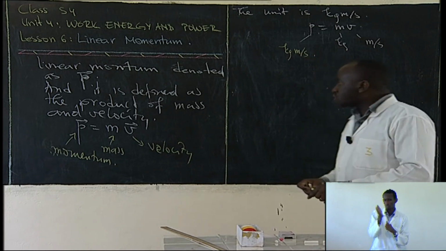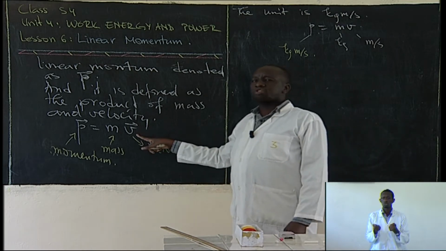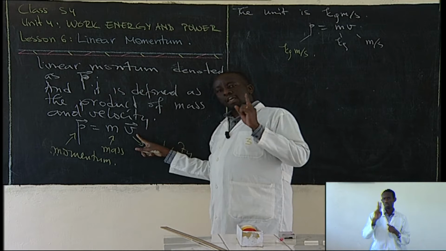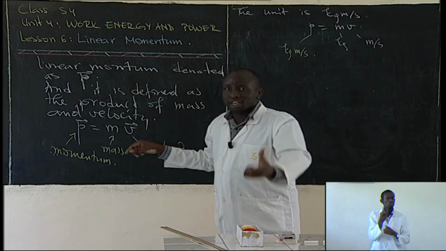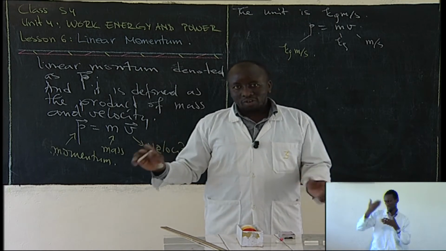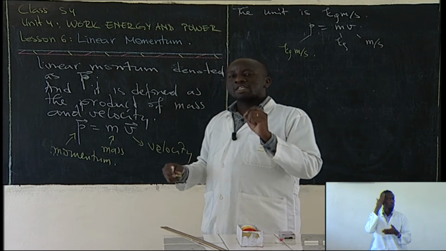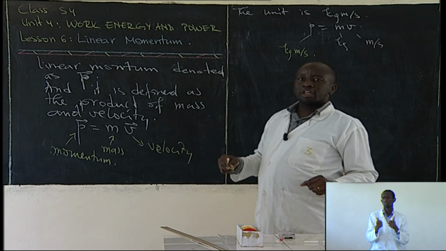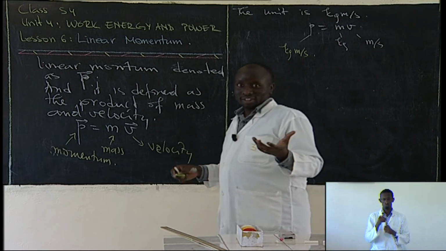Because we have velocity, you remember that velocity is a vector quantity. Do you remember that? From Senior 1, you defined a vector quantity as a quantity that has both direction and magnitude, the size. That's good.